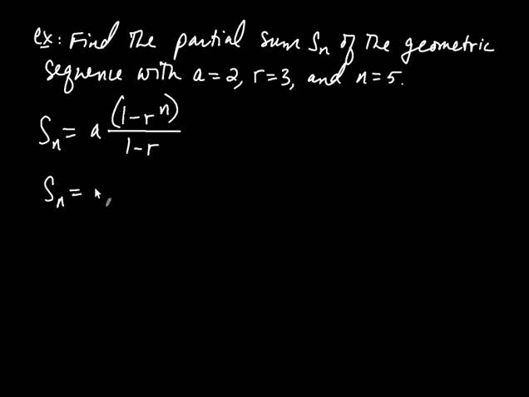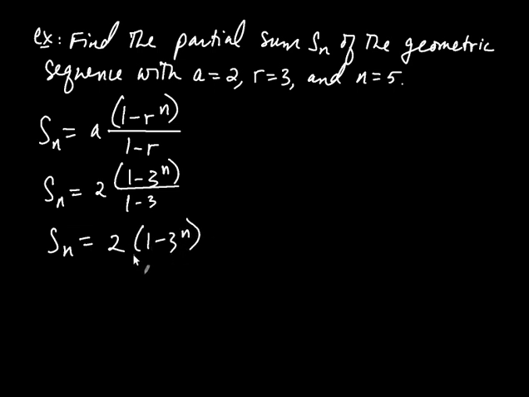So the nth partial sum is going to be a, which is 2, and then the numerator is 1 take away 3 raised to the nth, divided by 1 take away 3. So we're looking at the nth partial sum being 2 times 1 minus 3 to the n, divided by negative 2.